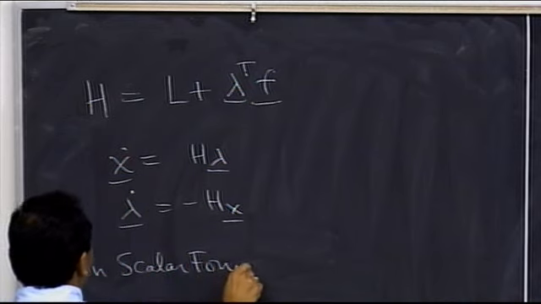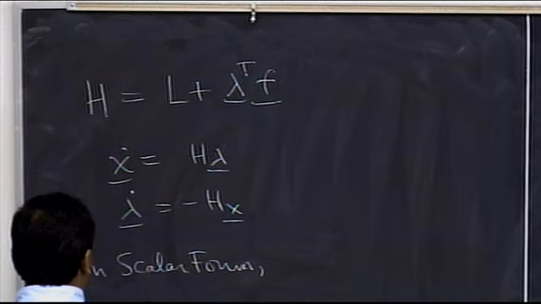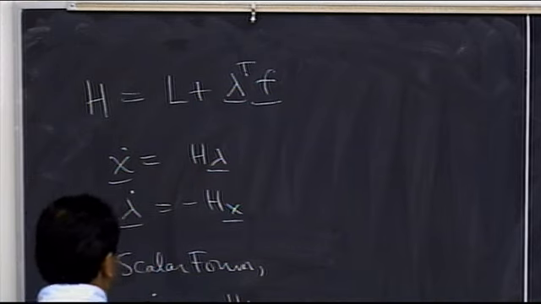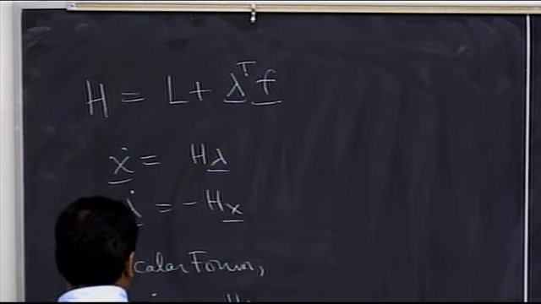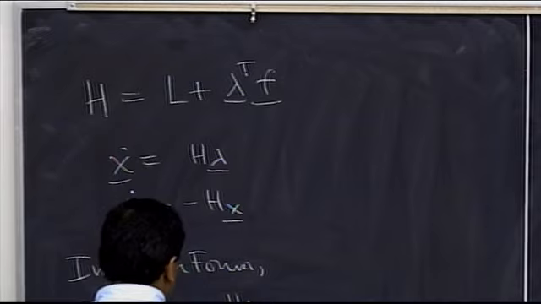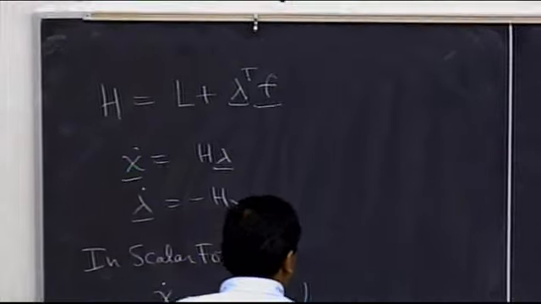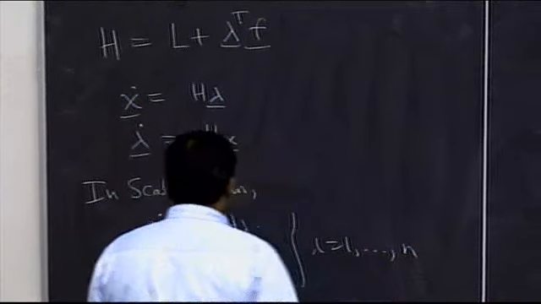The way they look is xi dot is equal to plus h lambda i, and lambda i dot is equal to minus h xi. And these run i going from 1 up to n.